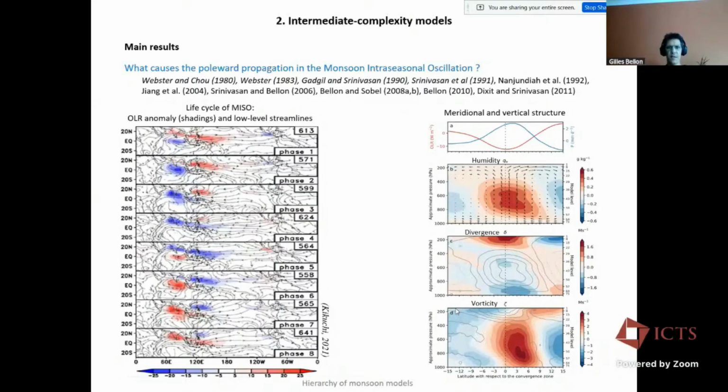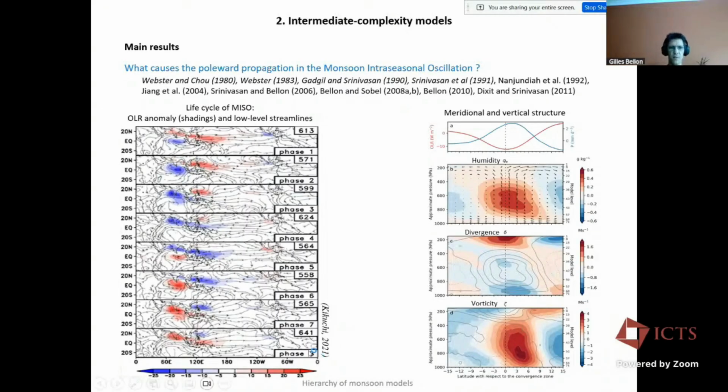And I think you're familiar with it, but I'll just sum up its characteristics. You've probably seen that last week. Essentially, this oscillation is what happens in the boreal summer to the Madden-Julian oscillation. And instead of propagating just eastward, it propagates northward.